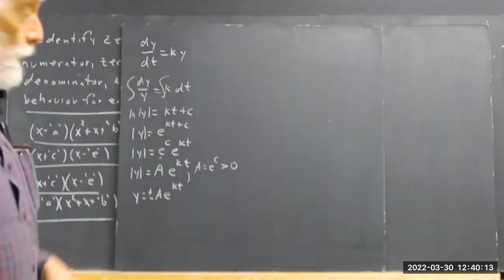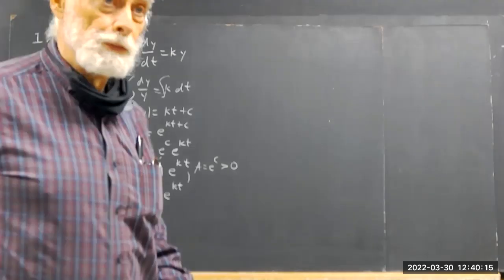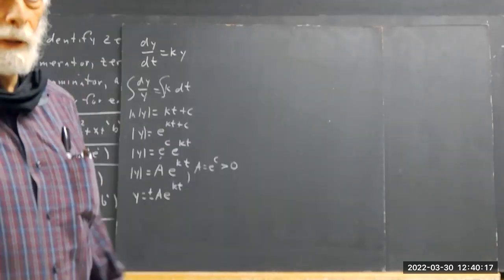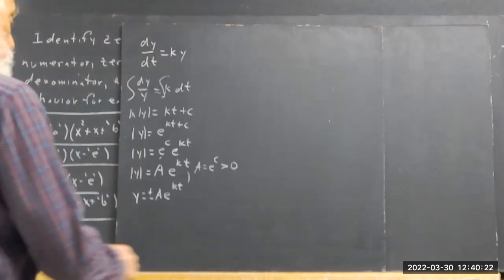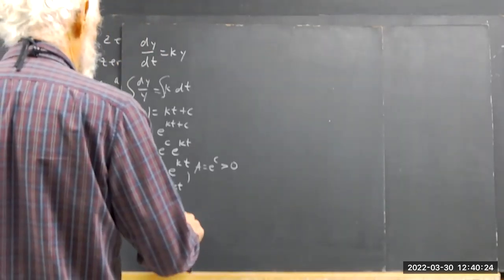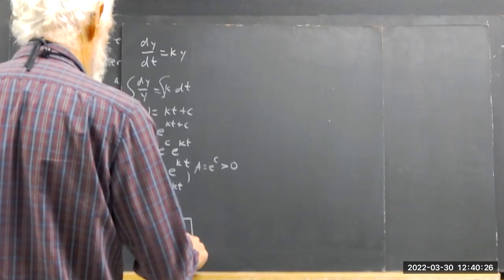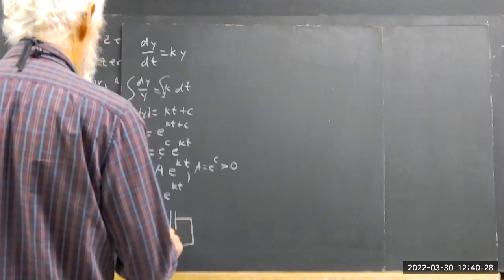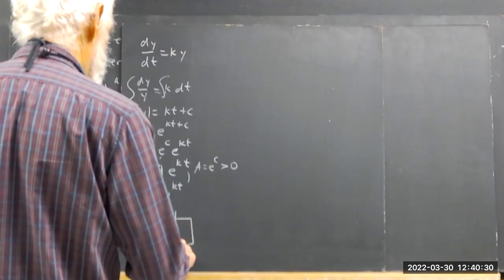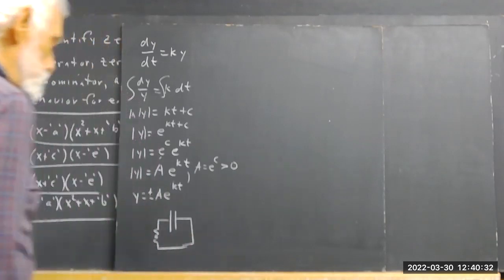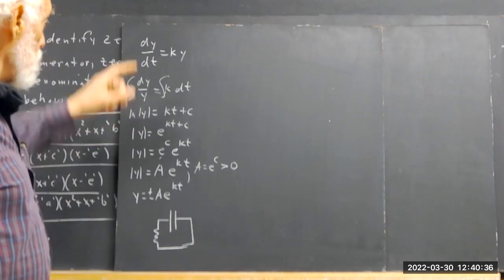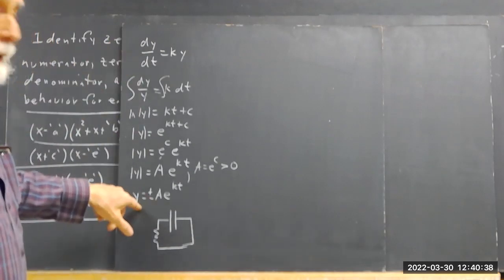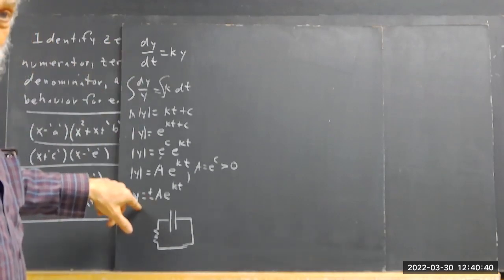Now, what's this have to do with physics? We talked about money, we talked about populations. Well, we're talking about capacitors. If you've got a capacitor in a circuit, then y could be the charge.